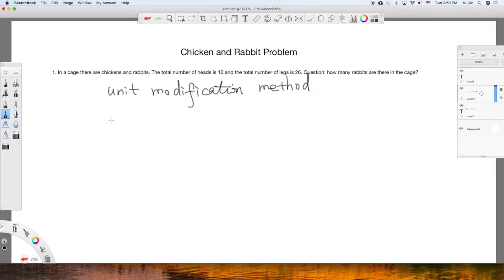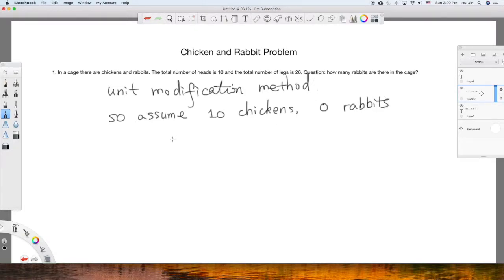Let's assume every animal inside the cage is a chicken. So assume 10 chickens. This means there are 0 rabbits, right?